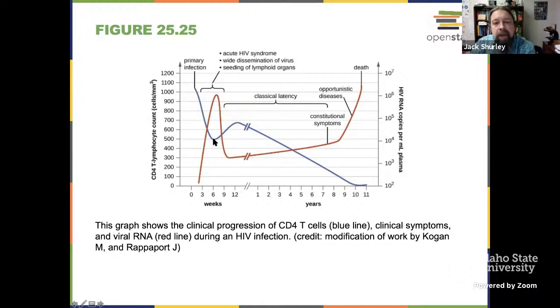And at the same time, the T helper cell population declines dramatically, almost by 50%, maybe a little over 50% at this point, down to about 500 cells per cubic millimeter. So a considerable decline. And at this point, ill effects are definitely exhibited. Some flu-like symptoms. You start feeling definitely under the weather, something's going on.